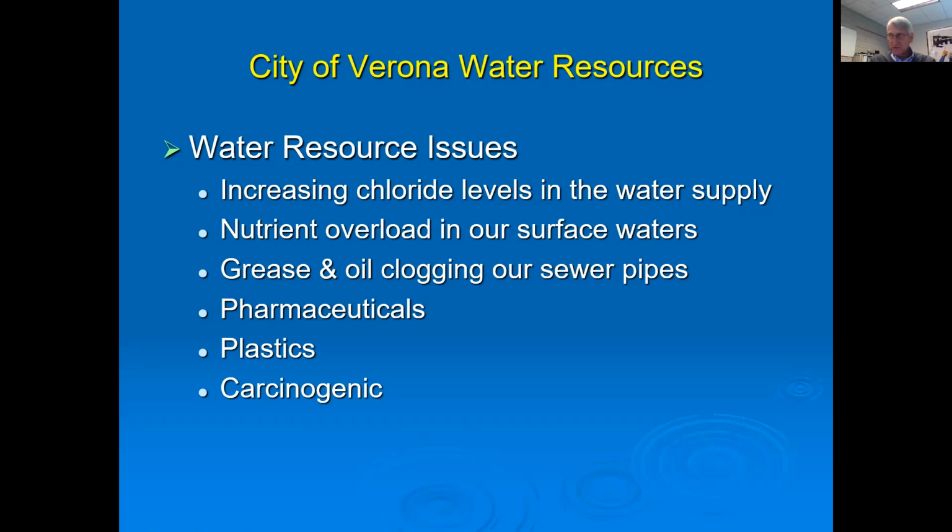Part of the reason for that increased chloride is water softening in the city, where we're basically adding salt to the water to take out some of the heavier minerals to make it easier on our plumbing, but there are some consequences for that.